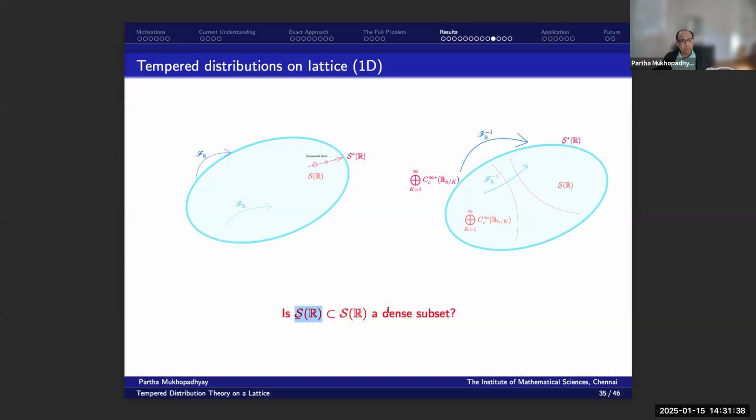If it is not a dense subset, with this kind of picture, then any point which exists in the continuum field theory cannot be realized in the lattice field theory. But if it is a dense subset, it is always possible to approximate any arbitrary continuum field configuration by a lattice field configuration with arbitrary accuracy.